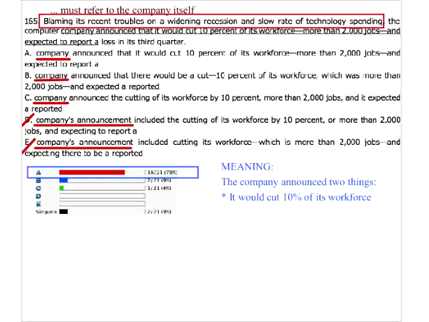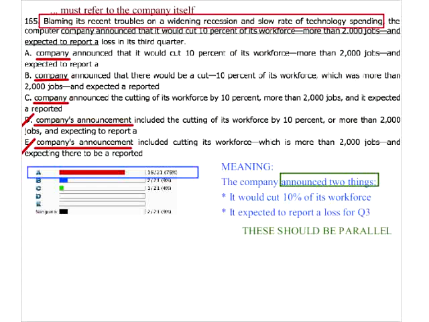The second thing that the company announced is that it expected to report a loss for the third quarter. So these things should be parallel because they are parallel meanings. They're two announcements of equal priority in the sentence. So whenever you have the company announced this and that, these should be parallel.